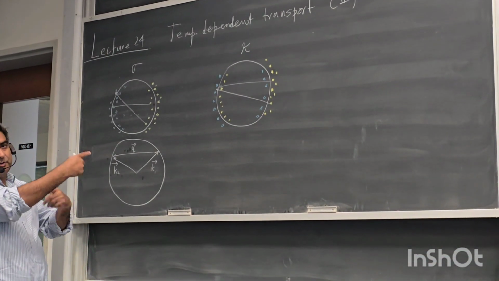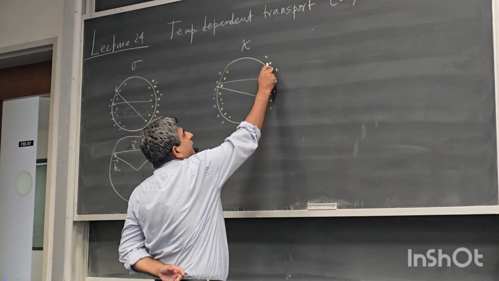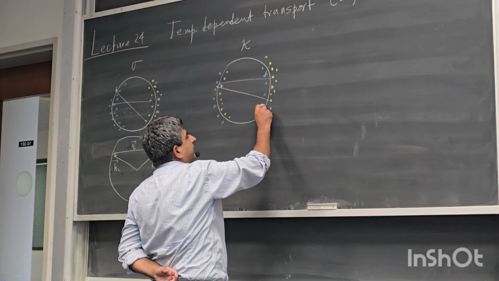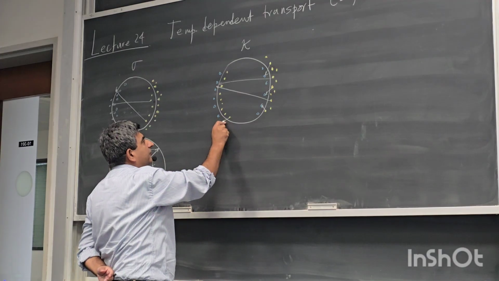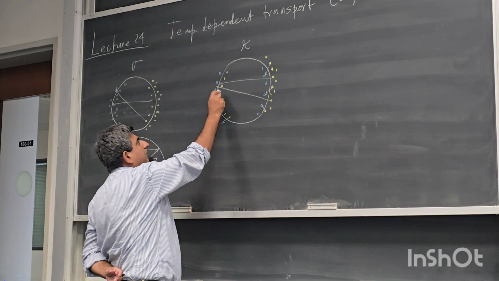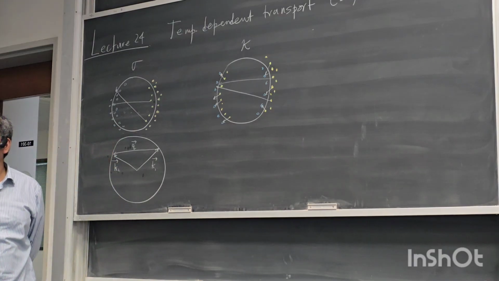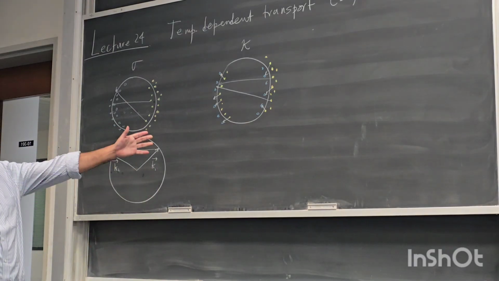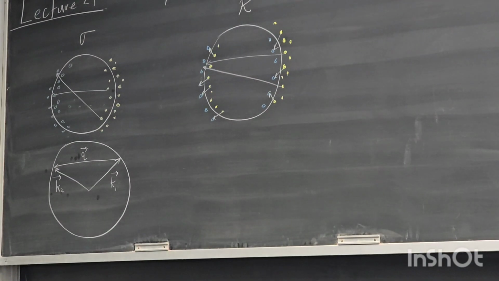But in addition to these processes, you can also have vertical processes in which an electron just falls into a hole that is nearby on the same side of the Fermi sphere. So you could have these two kinds of horizontal and vertical processes for thermal relaxation.